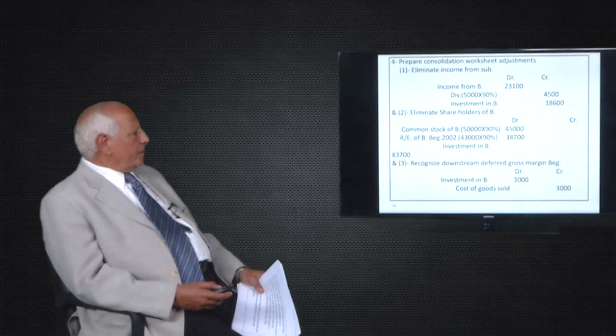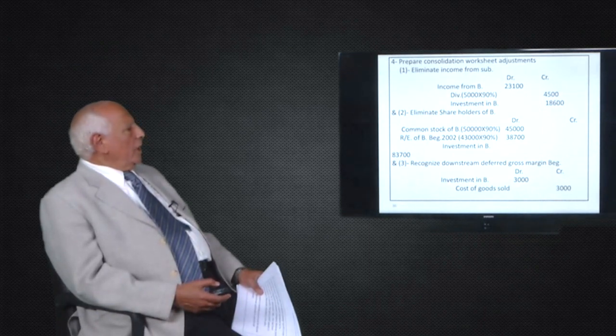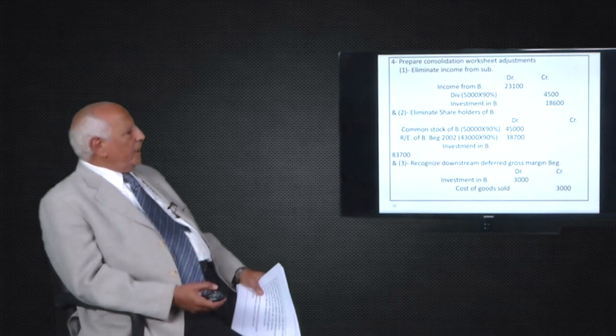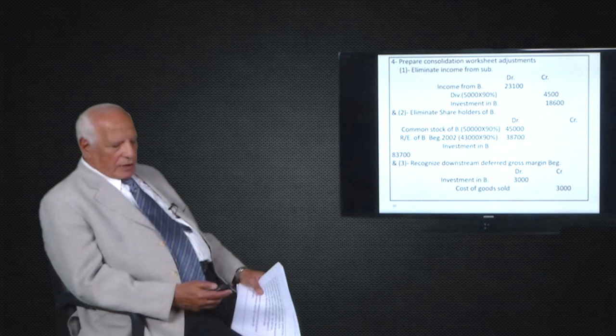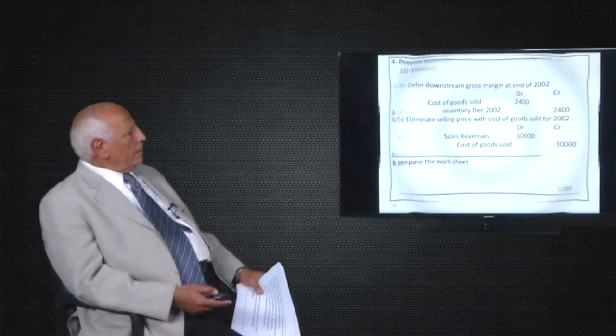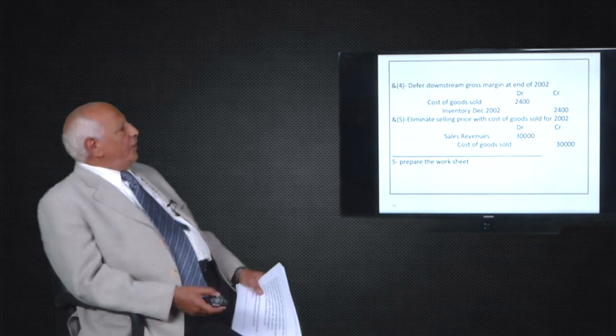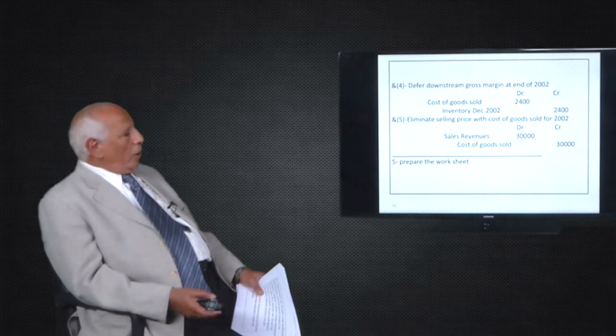I'm sorry about this. The last one, recognize downstream deferred gross margin. Beginning, we have 3,000. Investment in B and the cost of goods sold, 3,000. That's okay. Deferred downstream gross margin at the end. Remember, that's the end. Always like this.